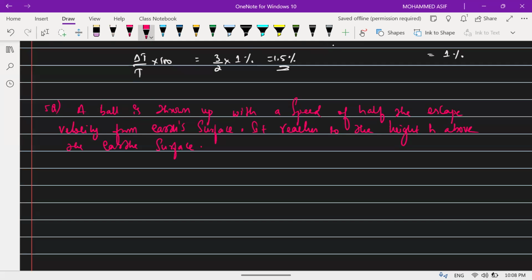If the radius of Earth is capital R, then the ratio of h by r is given by, okay, first option is 1 by 2, second option is 1 by 3, third option is 2, and fourth option is 3. So try karo.